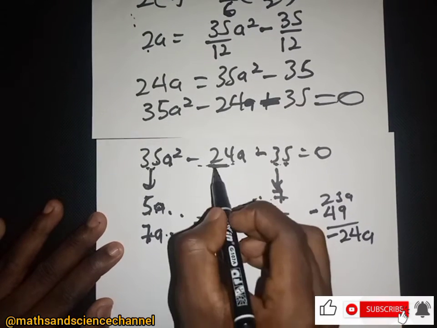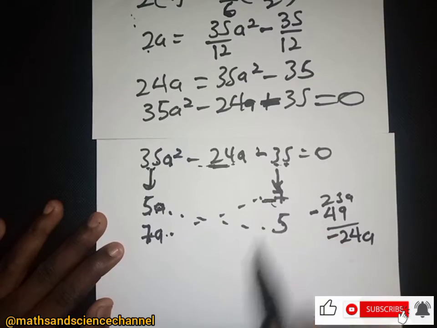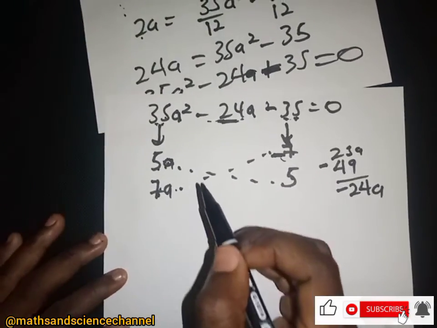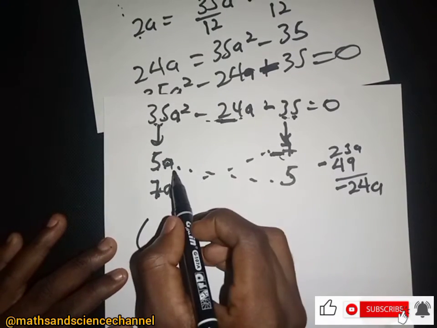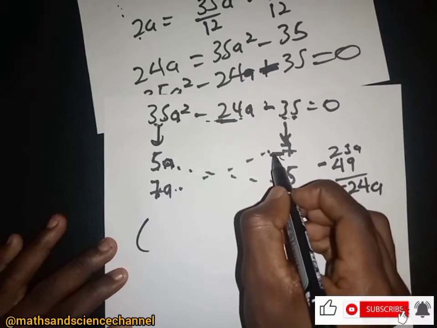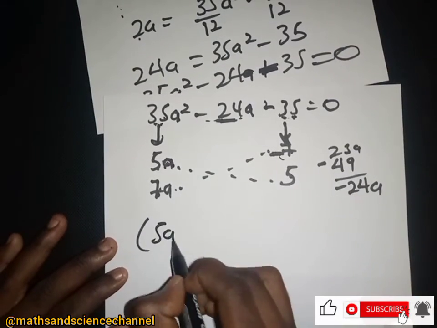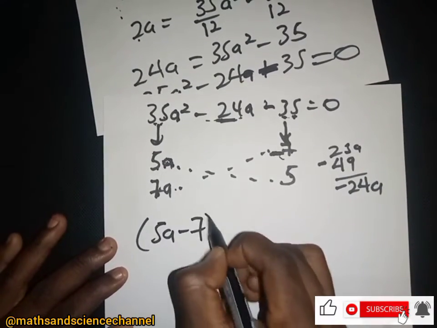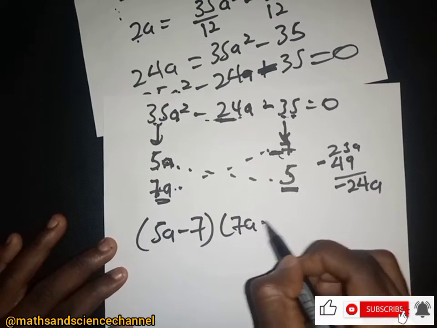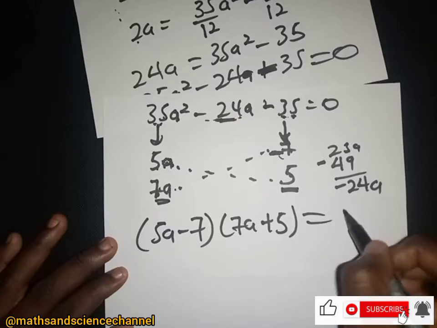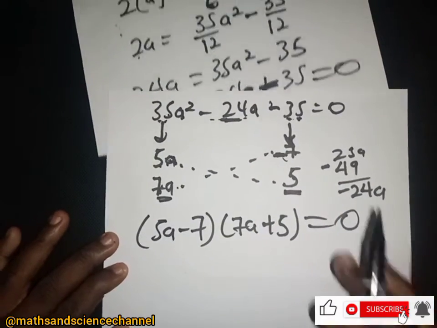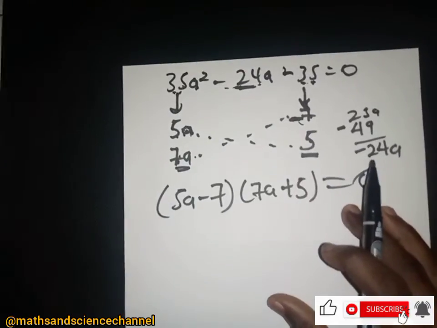So 7 here should be negative. So our factorization is 5a, and also 7 here, multiplied by 7a, plus that, and this will be equal to 0. When we expand this, we should get that, right? So this is a simple trick to use.